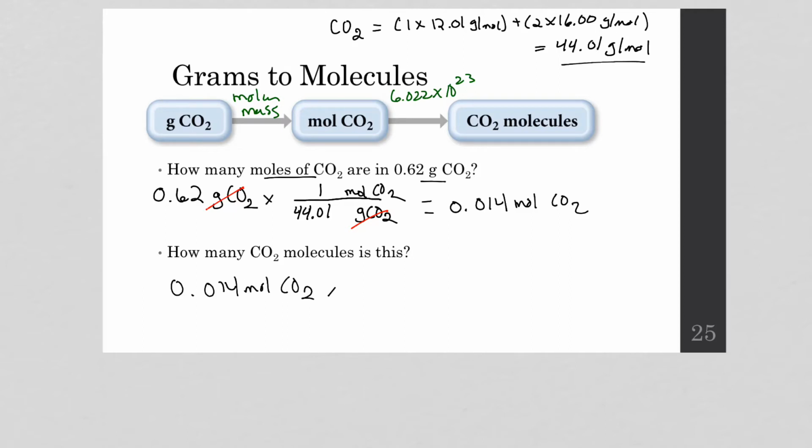How many molecules of CO2 does that represent? My units are going to have moles of CO2 on the bottom to cancel, and I'm going to have molecules of CO2 on the top. And there are 6.022 times 10 to the 23rd molecules of CO2 in every 1 mole.